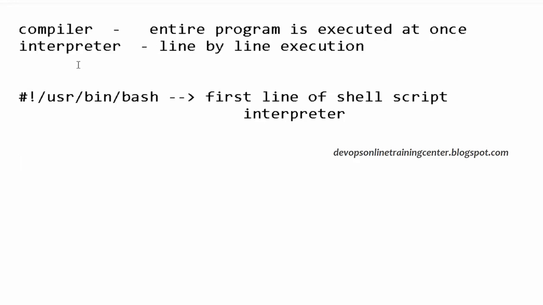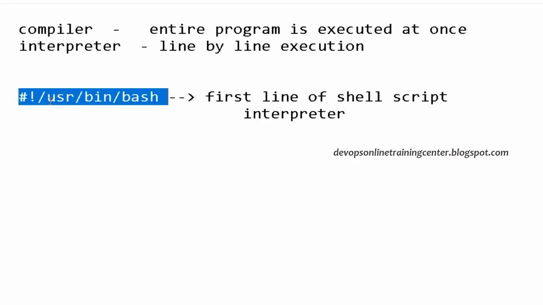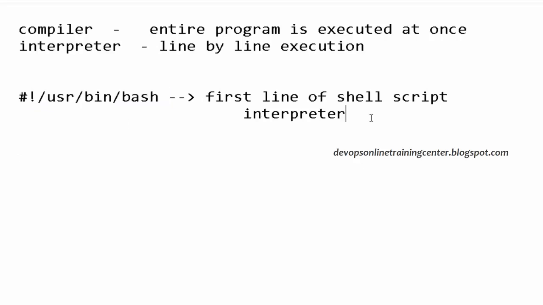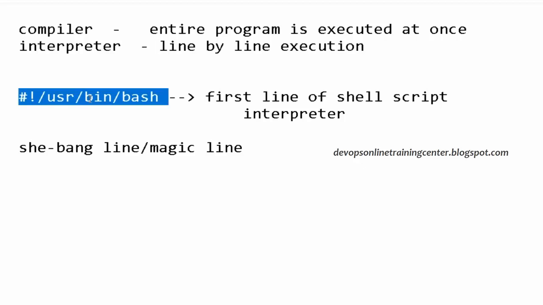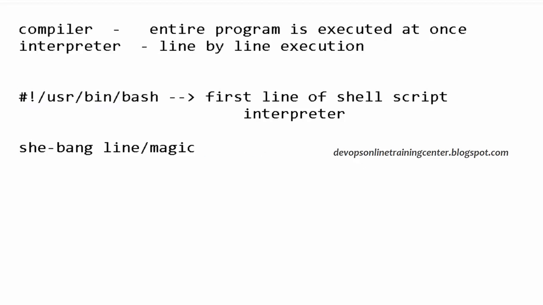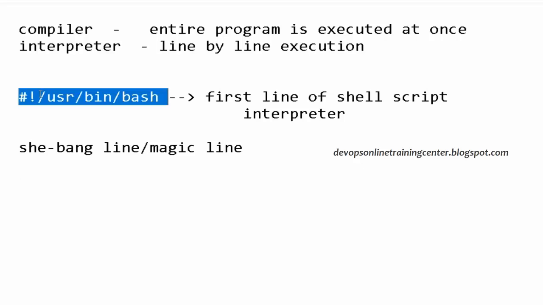This is called the first line, or magic line, or shebang line. It starts with hash, exclamation, and then the interpreter name. Generally when a line starts with hash it is a comment, but when it's followed by exclamation it is called the magic line, the shebang line.